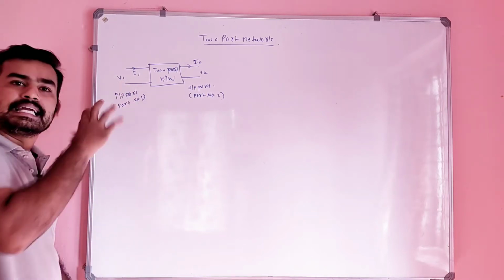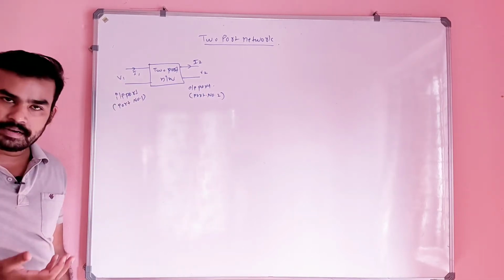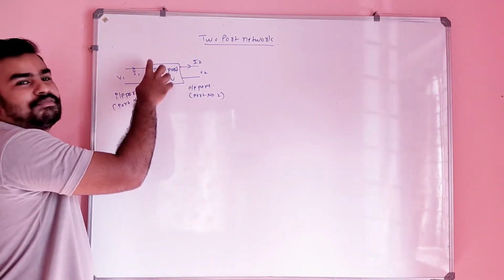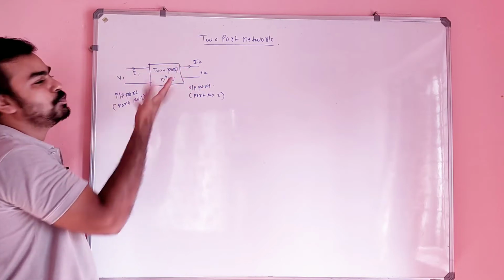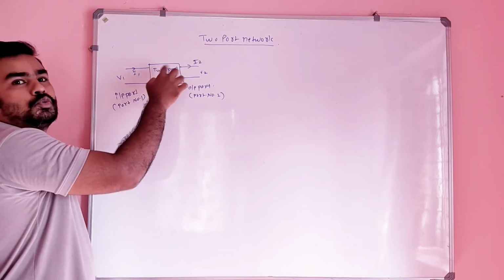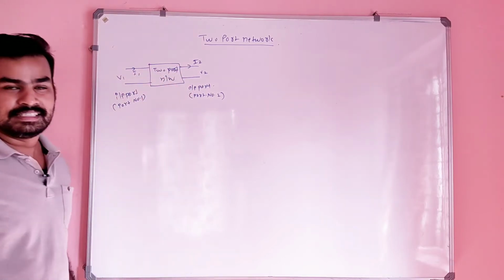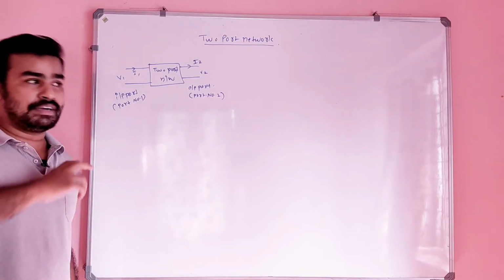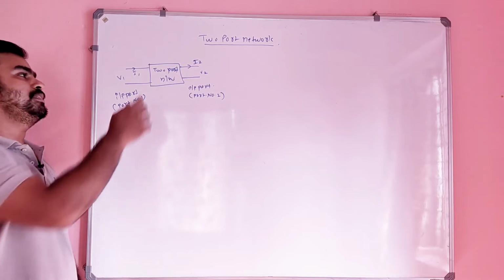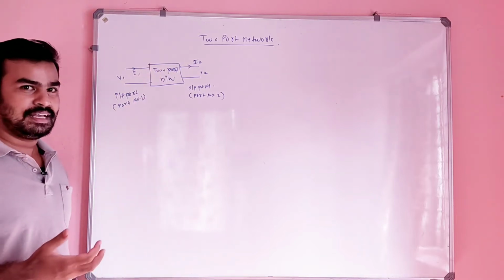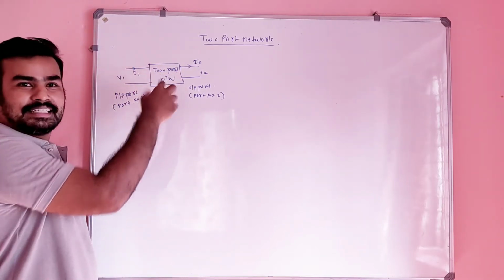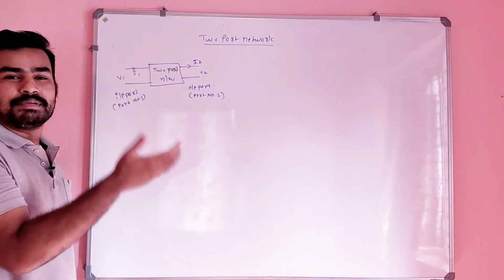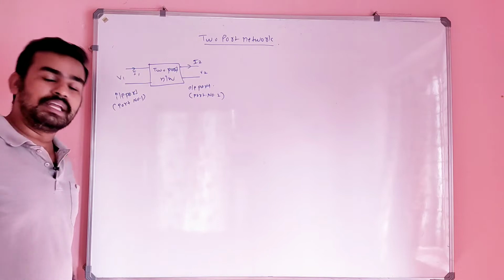I have simply drawn it as a rectangle, but inside this two-port it is very complicated: different types of networks, circuits and interconnections will all be there. Peripherally, it is simply a rectangular block. That's why it is drawn as a simple block with two ports, because the inside representation is very complicated.